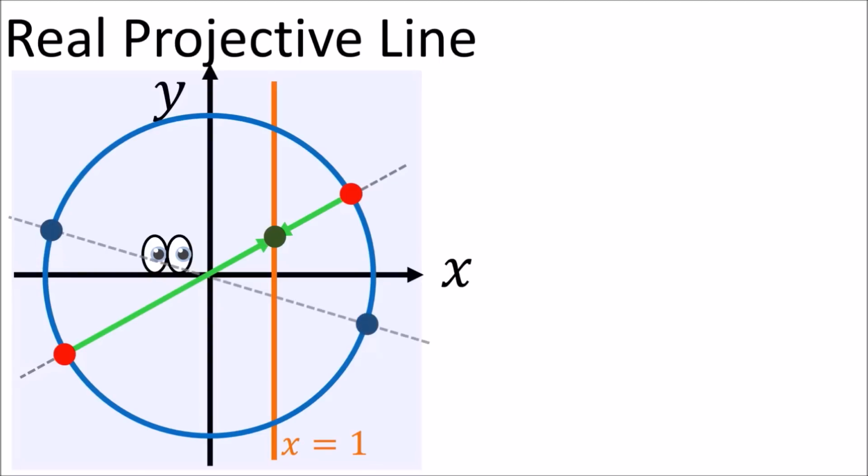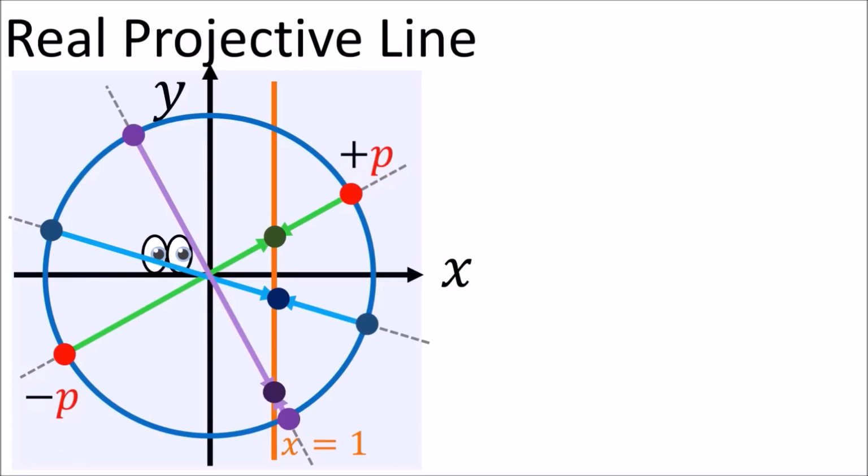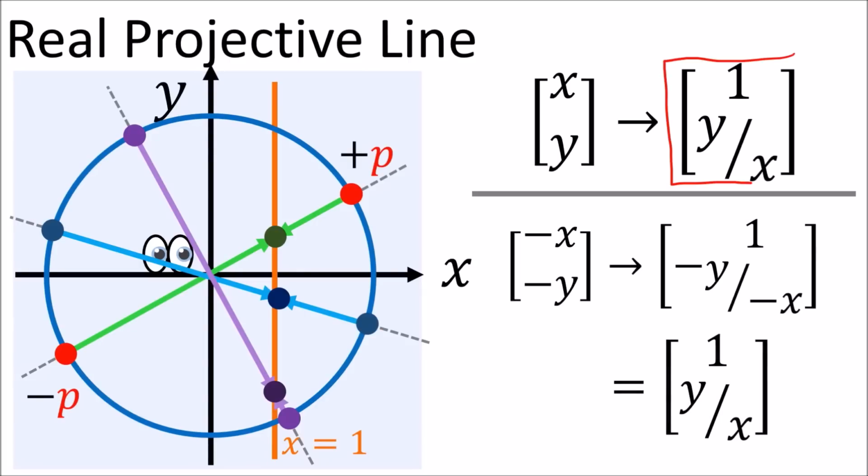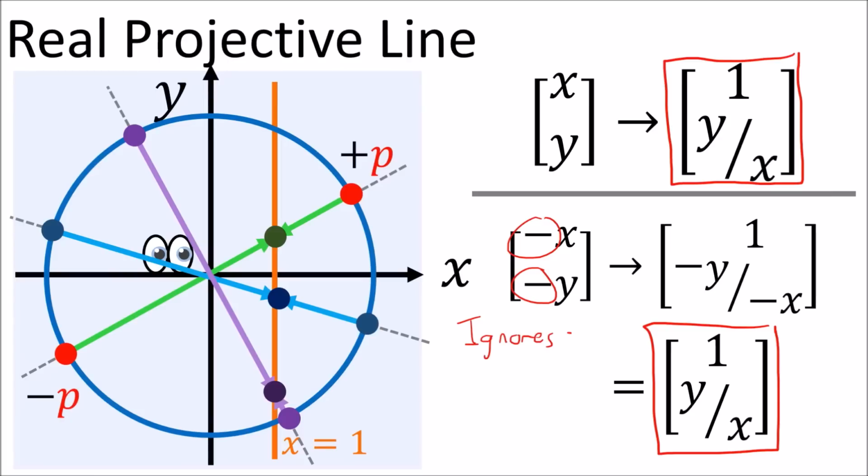Any 2 points on opposite sides of a circle centered at the origin will get projected to the same point on the real projective line. The projection can't tell the difference between the positive version of a point and the negative version of a point, because in both cases the y/x ratio is the same. The projection doesn't care about overall scale factors of -1.